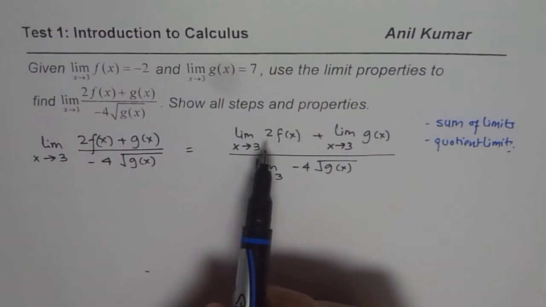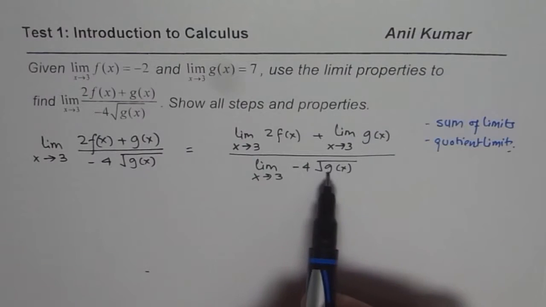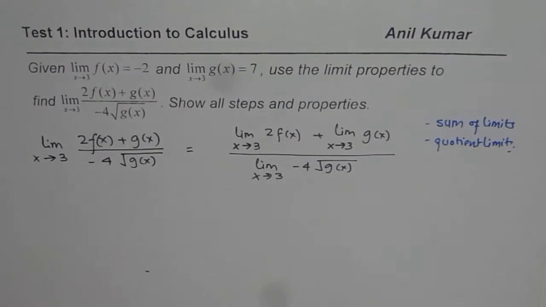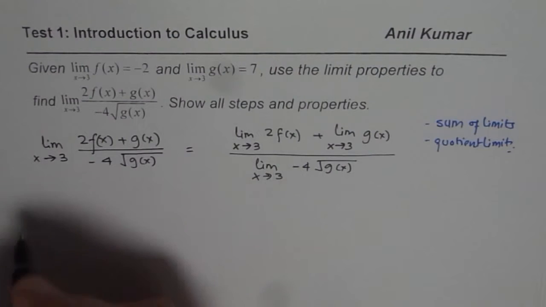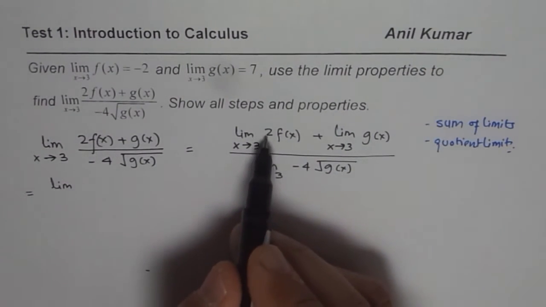Now we will apply the constant times the limit, and also the root property. So we will apply these limits now and expand it further, or rewrite it, or simplify it, whatever you may say. So now we can write this expression as limit of 2 times f of x.